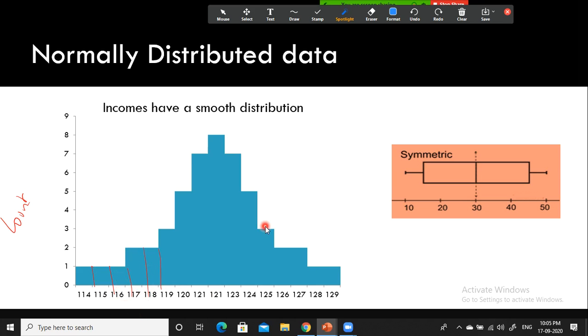Let's say you joined as a data scientist in a company, and your CEO calls you for an urgent meeting. What he says is, few employees are raising some concern that whatever salary we give in our organization is biased.